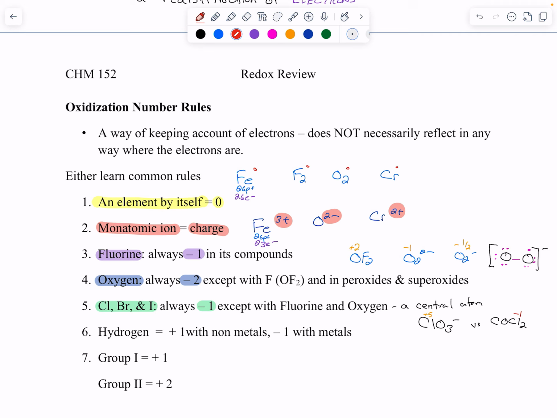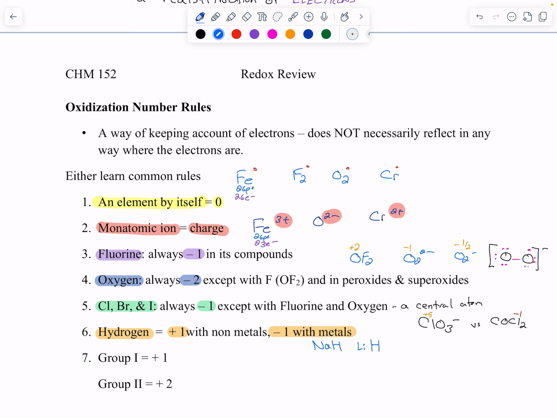What we'd expect. Now hydrogen. Hydrogen H can be +1 most of the time, but it can also be -1 with metals. What do I mean by that? That would be like NaH, LiH, and CaH2.